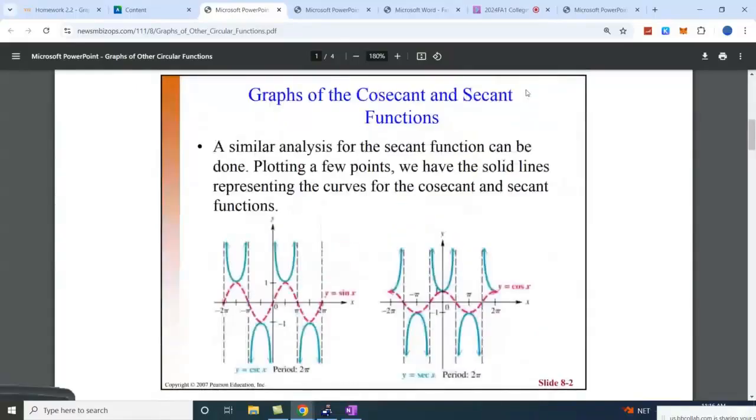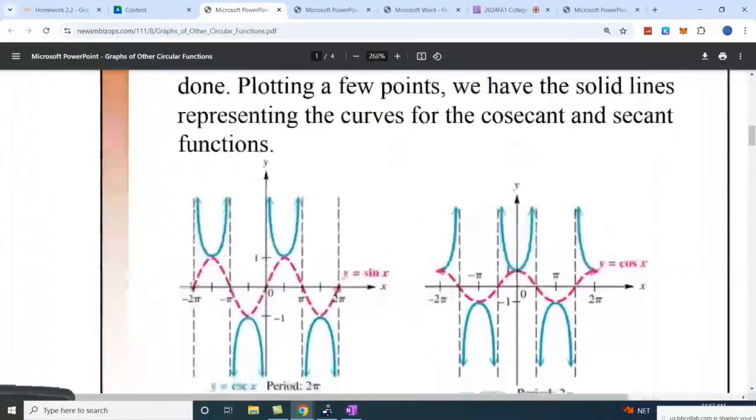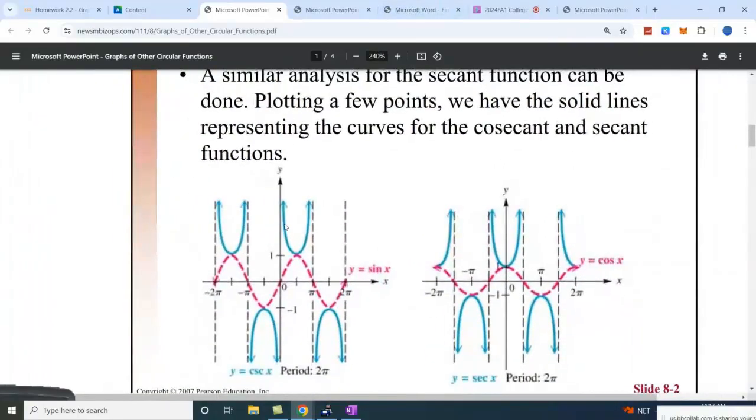So on this particular slide we see there are actually 2 graphs embedded on one slide. Taking a look at the first graph, you notice that the red line is the sine curve. The sine and the cosecant are reciprocal functions.